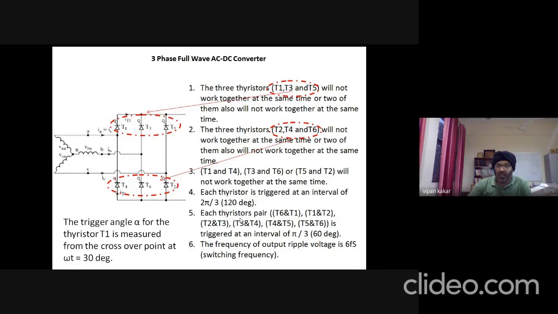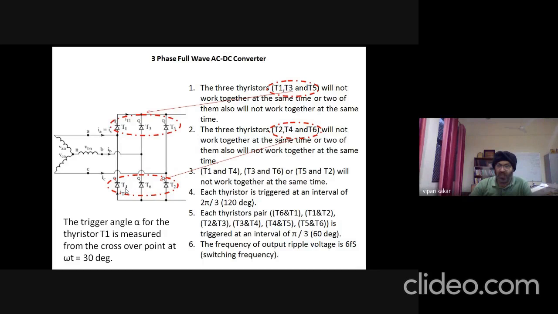The thyristors work in pairs, as we saw in the bridge rectifier's, full wave rectifier's case: T6 and T1, T1 and T2, T2 and T3, T3 and T4, T4 and T5, T5 and T6.